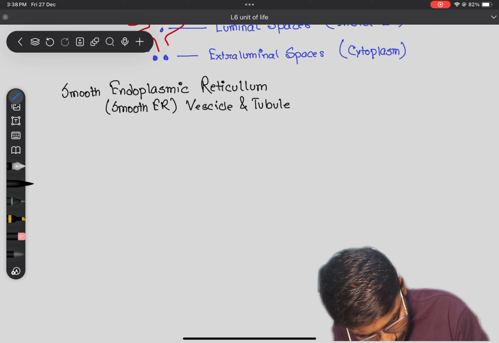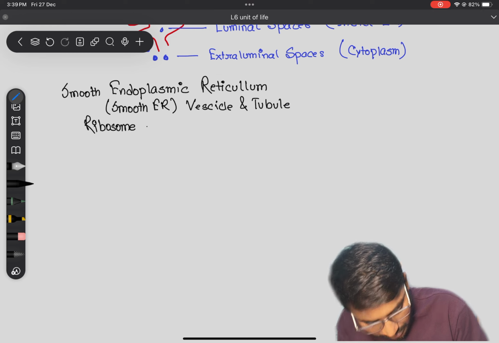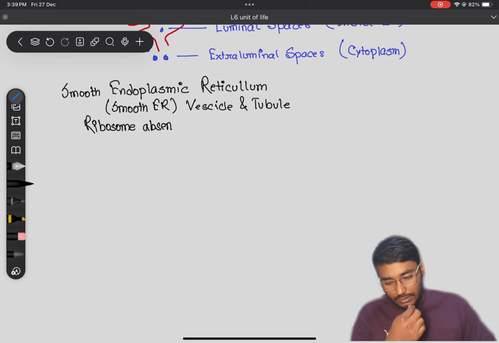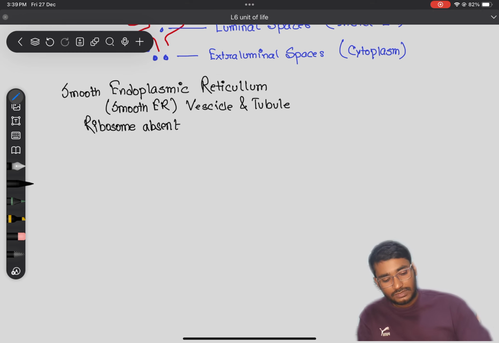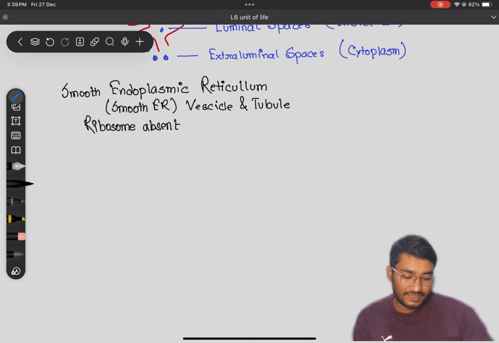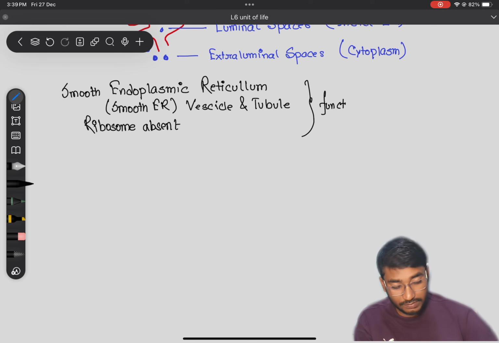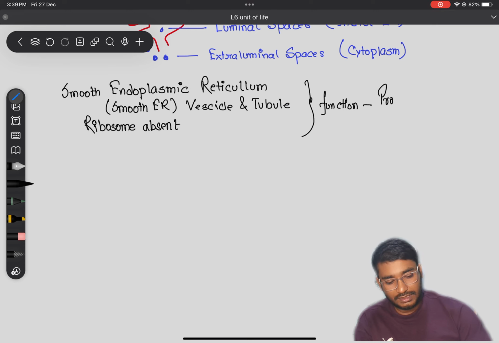Ribosome is absent. So in smooth endoplasmic reticulum, ribosome is absent, and the smooth endoplasmic reticulum functions to produce lipid.